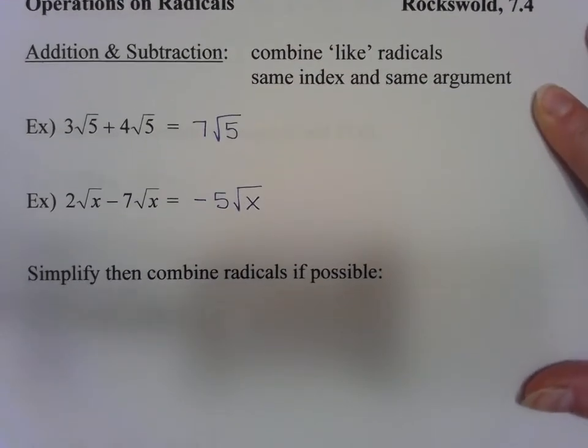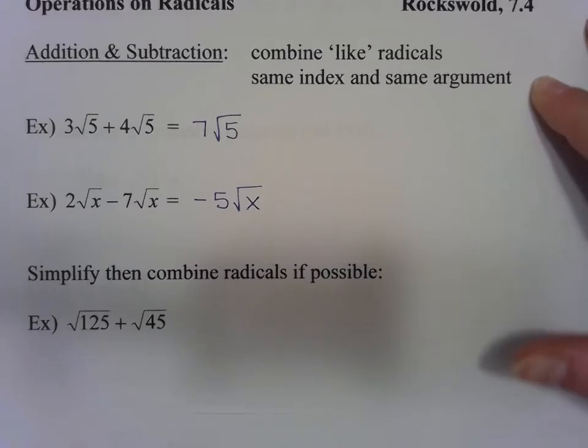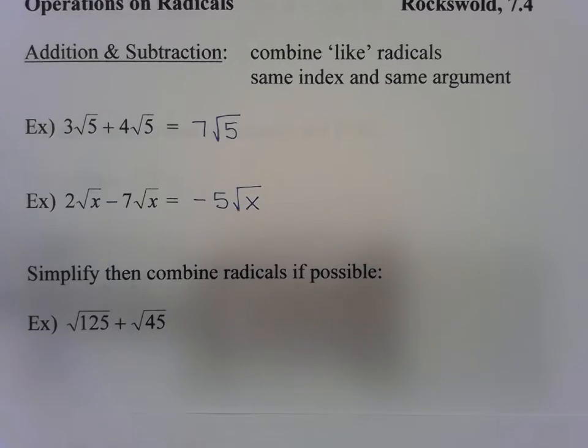Okay, what if they are not alike? That would be a good logical question to ask next. Sometimes we need to simplify first, and when we do that, we uncover the fact that they are alike, and then we're able to add or subtract them together. So let's try that out.